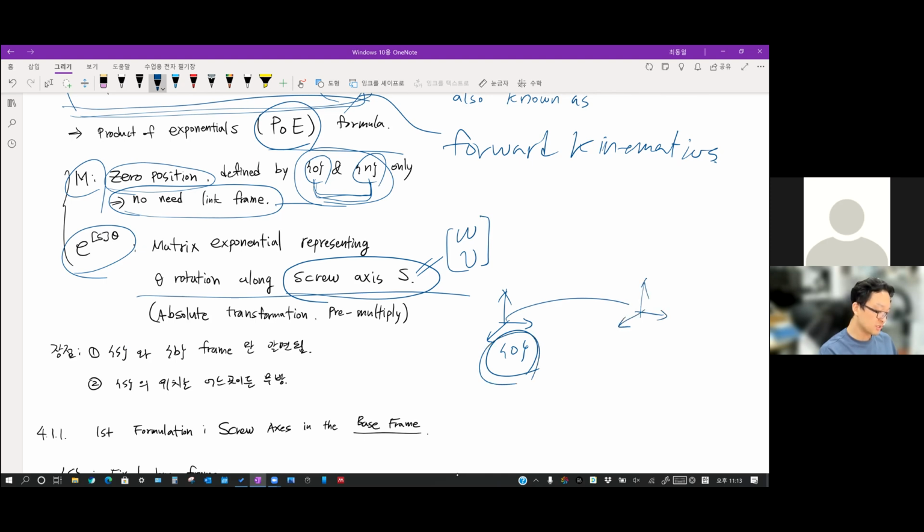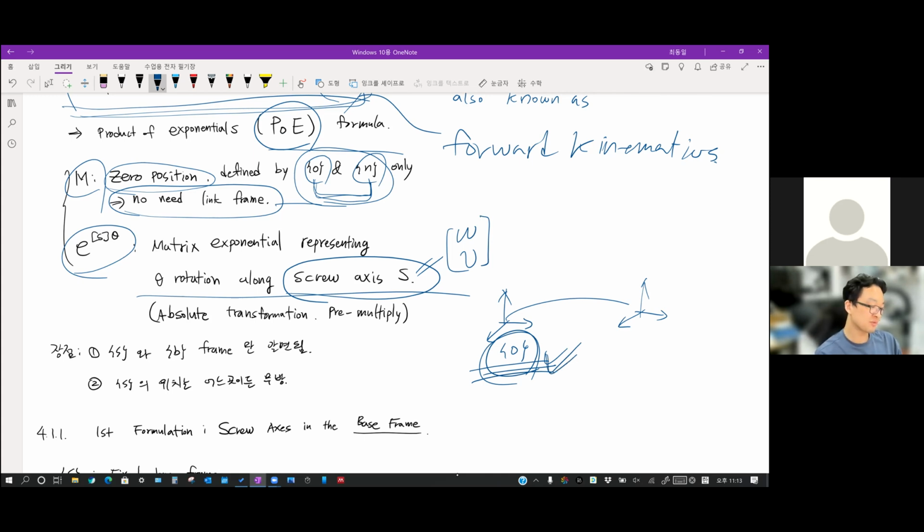So the basis is always the fixed frame. This concept is very, very important. Because of this concept, we can calculate the forward kinematics more easily.